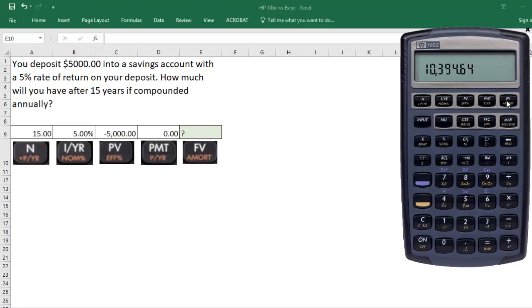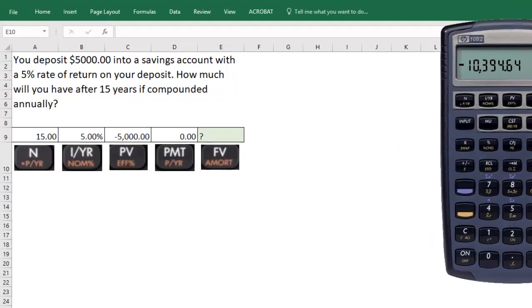What is our future value? $10,394.64. What if we had put the 5,000 as a positive? Let's go and try. 5, 0, 0, 0, 0. No negative. Present value. The future value is the correct value, but the incorrect sign. So using your signs is very important.